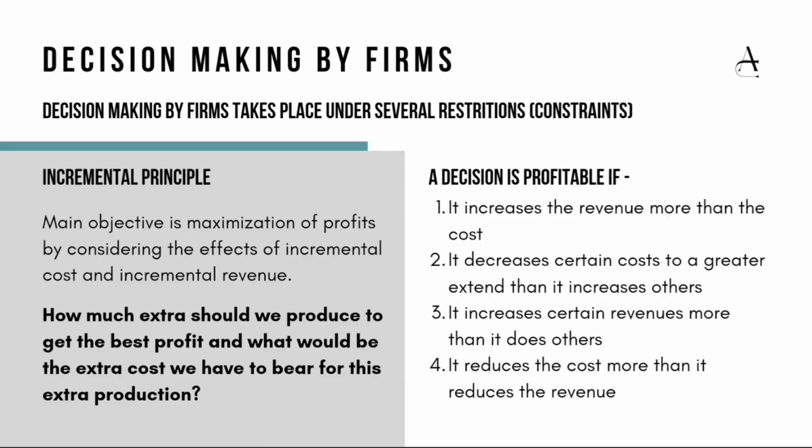To put it in the most simple terms, incremental principle is how much extra should we produce to get the best profit, and what would be the extra cost that we have to bear for this extra production. Like for example, let's take the example of Sattvic Sweets, which we introduced in the last video, right? So suppose Sattvic Sweets is making some Sattvic cakes, I don't know, just let's imagine Sattvic cakes, it's a thing.